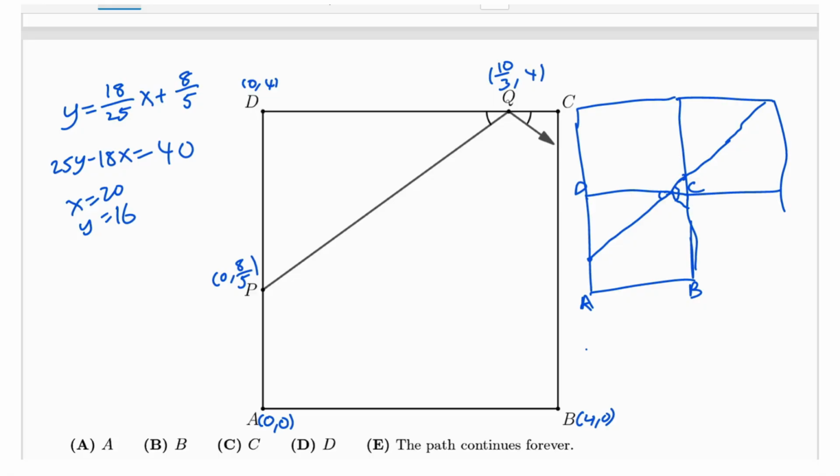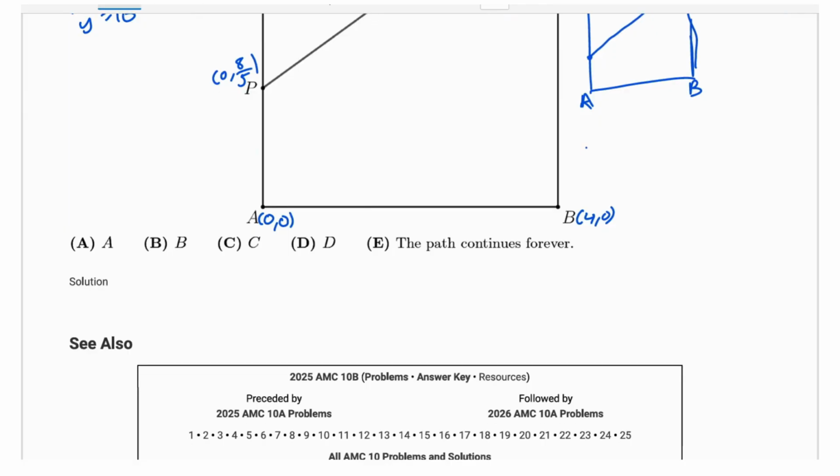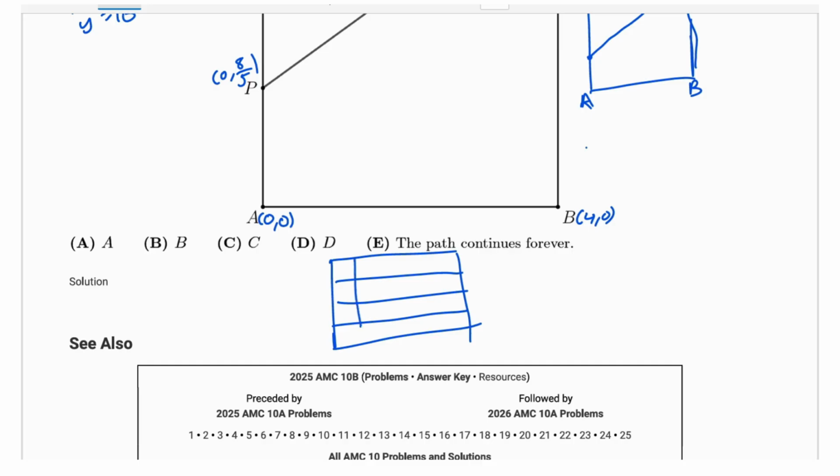And then essentially we extend this thing that I drew over here to become a 5 by 4 grid. So it would be something like that. And then we just draw our line so that it starts over here and looks something like that.